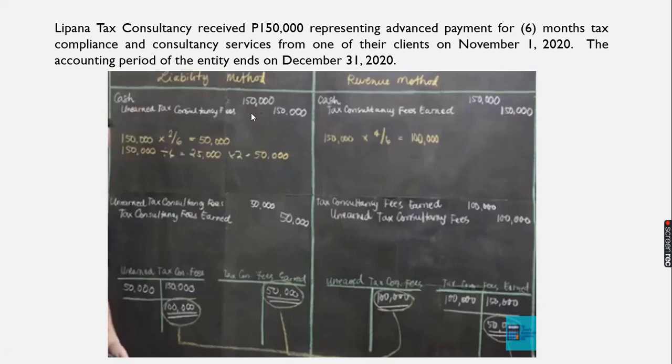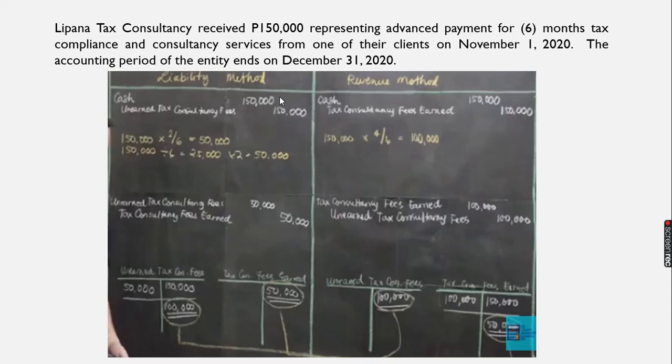Ngayon, i-divide mo siya kasi 2 months lang naman yung na-earn mo at the end of the year, December 31, 2020. So, 150,000 divided by 6 months, makukuha natin 25,000, times 2 months, nagsimula siya November 1, 2020.